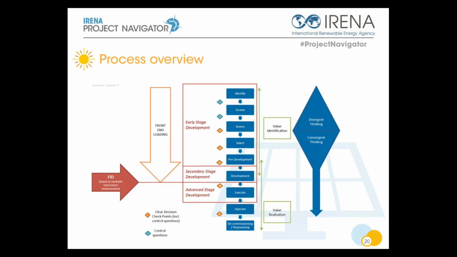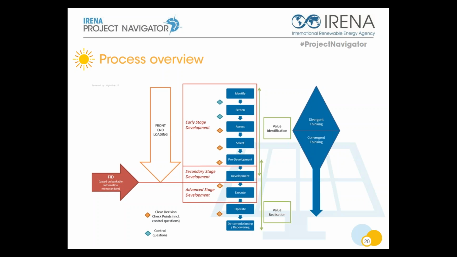We have 9 steps, and we make sure that in the first steps you identify the drivers of value for a renewable energy project, and towards the end, so after the development phase and after the financial closing, we provide support to make sure that you achieve and are able to realize the value that is in your project.